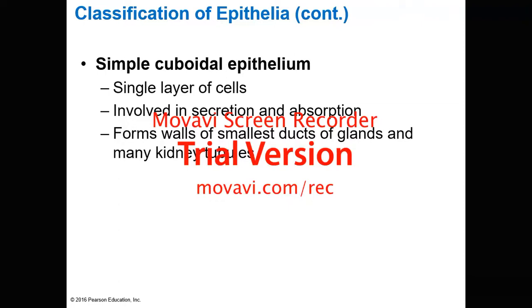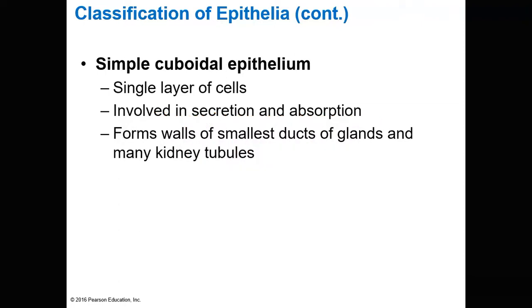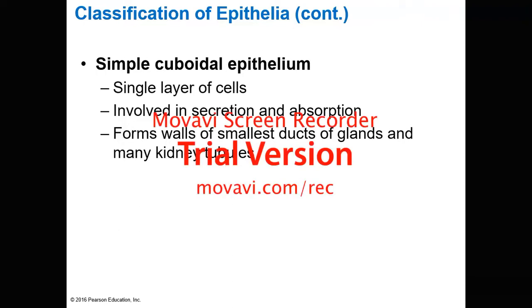These form the walls of the smallest ducts of your glands and the kidney tubules. So what do glands do? They secrete things. And your kidney tubules are involved in secreting and absorbing things.